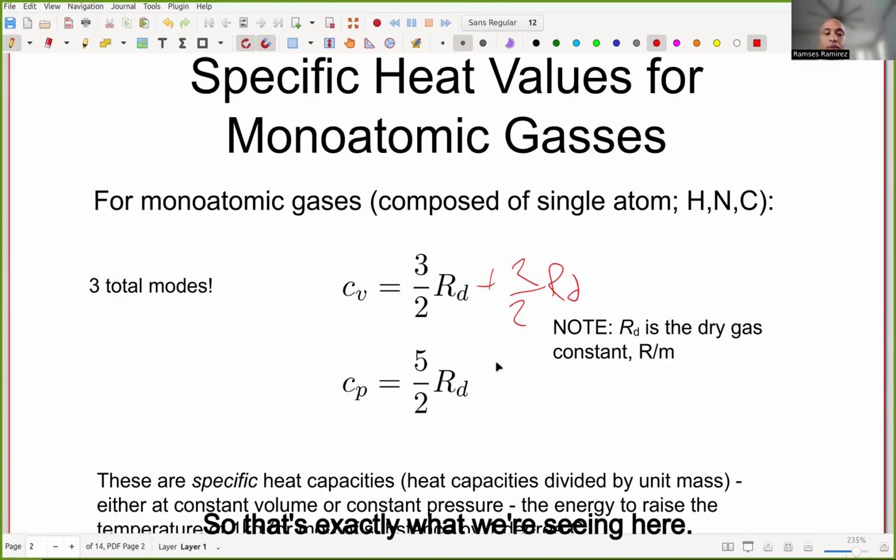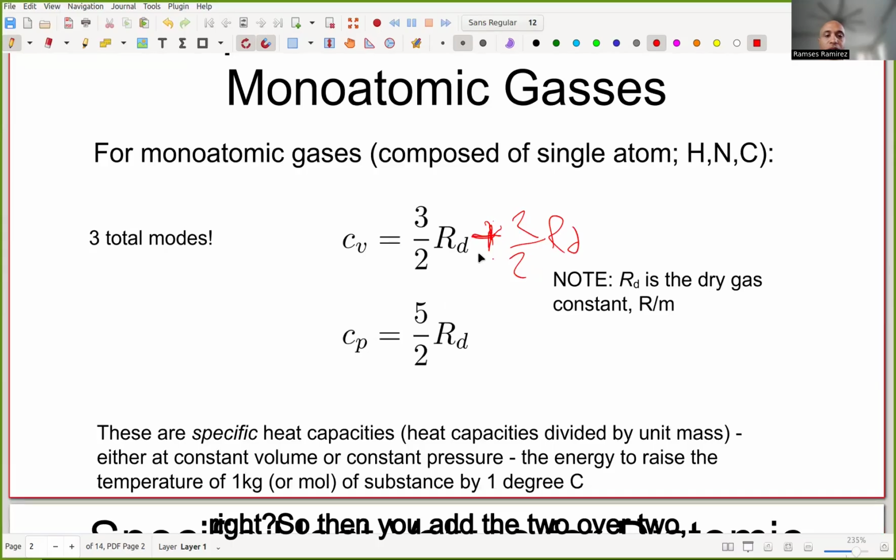So that's exactly what we're seeing here. Excuse the handwriting, it isn't the best. It's hard to do this on a vertical screen, but you get my drift, right? So then you add the 2 over 2, you get 5 halves R_D, and then you get little c sub p. And this is the formulation for monatomic gases.